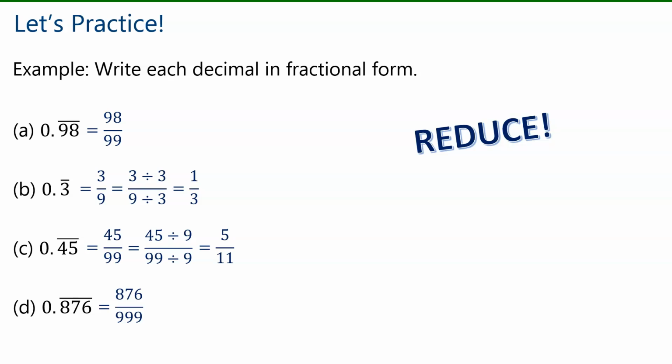So if I add up 8 plus 7 plus 6 in the numerator, I get 21. Now 21 is divisible by 3, and I also know that 999 is divisible by 3. So let's go ahead and simplify. Doing that in the calculator, I get 292 over 333. Then, applying the divisibility rules again, you'll see that we're actually done here.